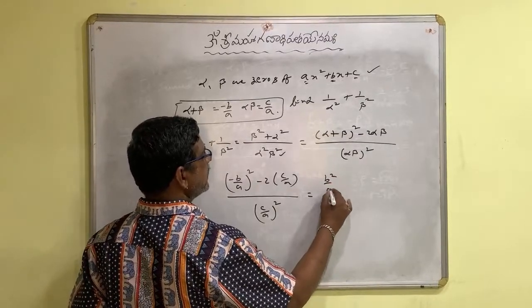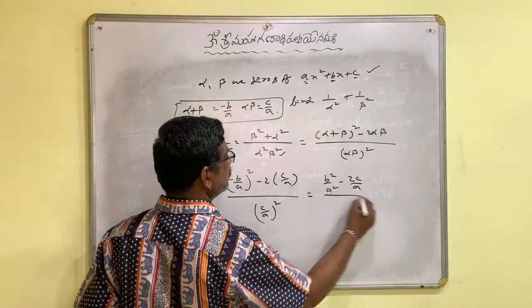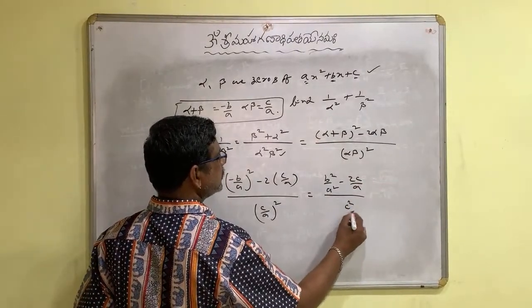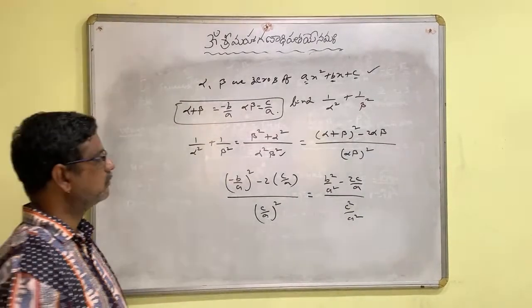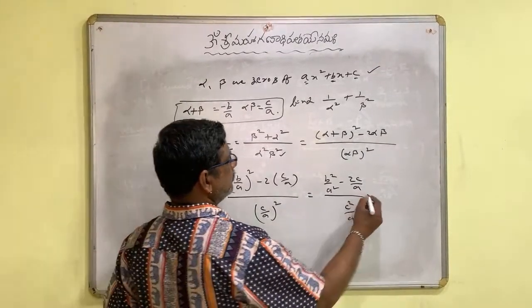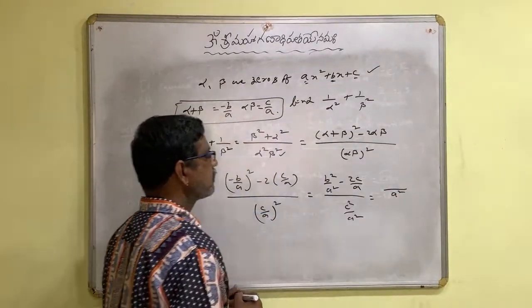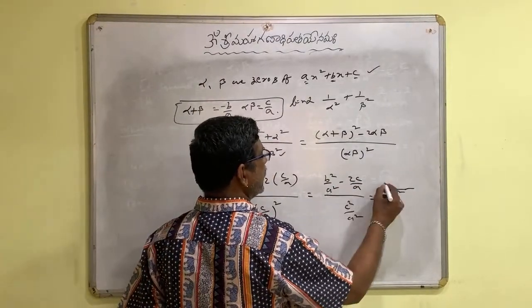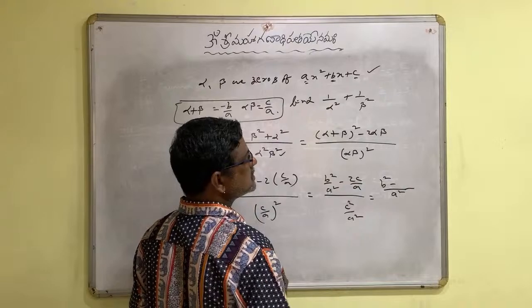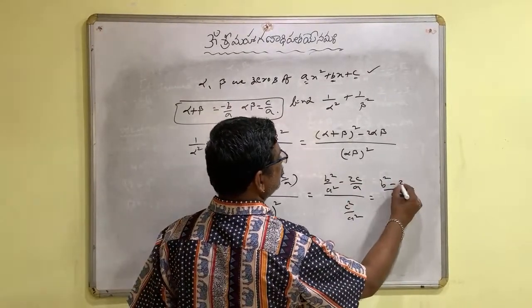B square by a square minus 2c by a on the numerator, c square by a square on the denominator. Now you can take a square LCM on the numerator. So we get b square minus 2a, since a is there, a square.